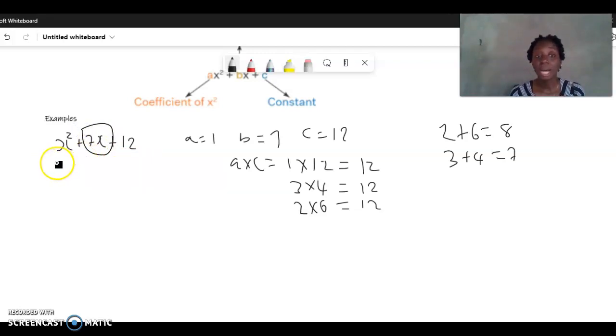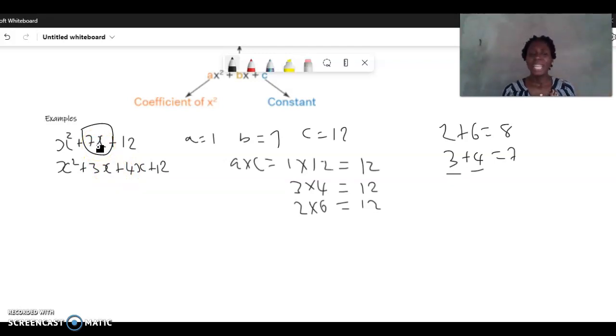So I will have x squared, and I will expand the second term to include these two factors, 3 and 4, that is 3x plus 4x plus 12. If I add 3x plus 4x, it will definitely yield 7x.